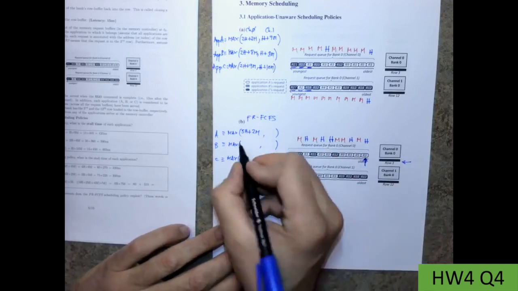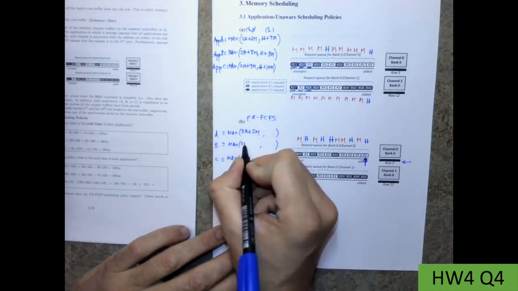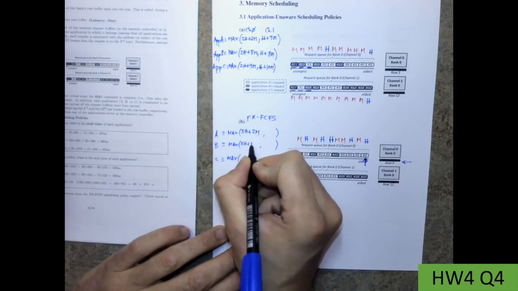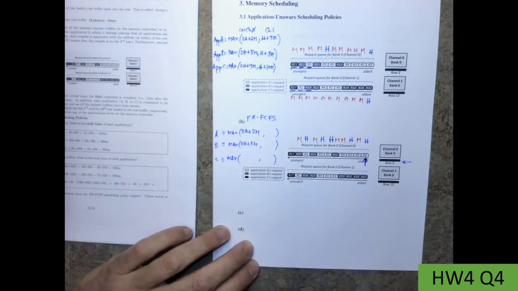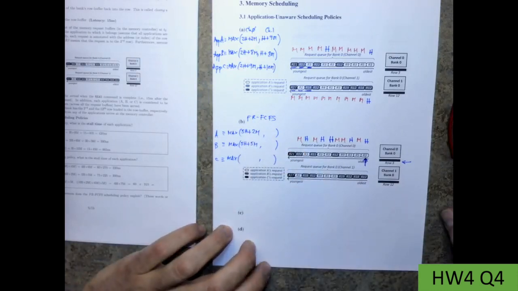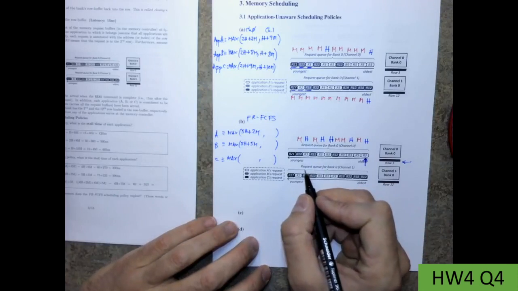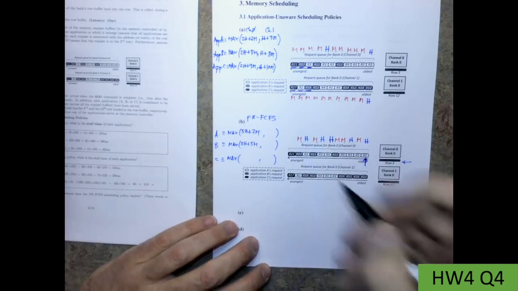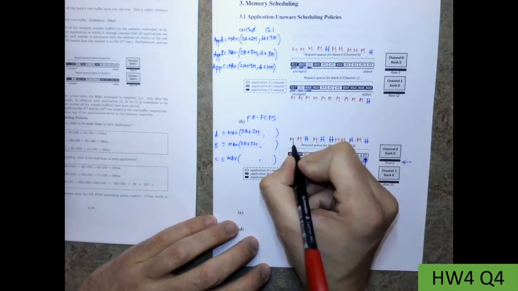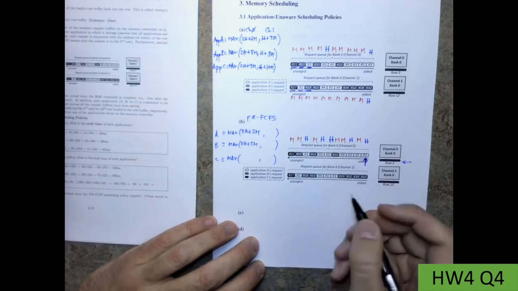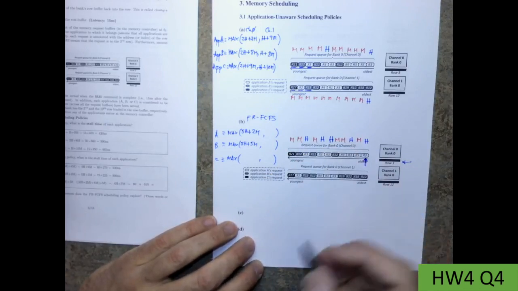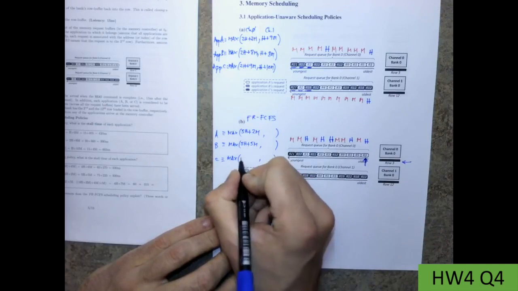So we have 3 more misses. 5 hits plus 5 misses. And for the last of the applications, for application C, we again see a miss for this request to R21. So we have to add 1 more miss.